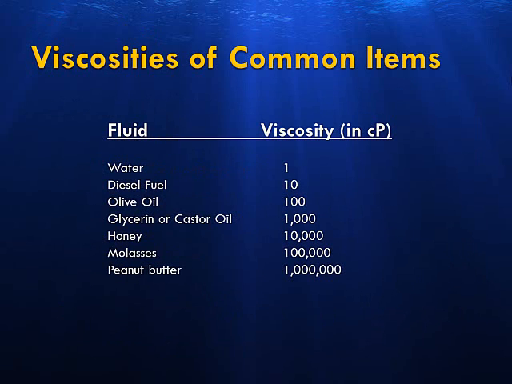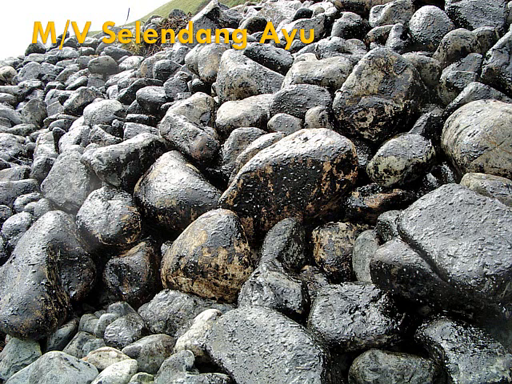This is a list of some common items and their relative viscosities, which makes sense when you think about it. Water is far less viscous than peanut butter. No big newsflash there for you guys, I'm sure. And viscosity, like I said, can make one spill very different from another.